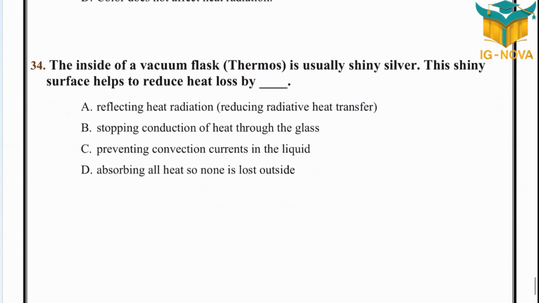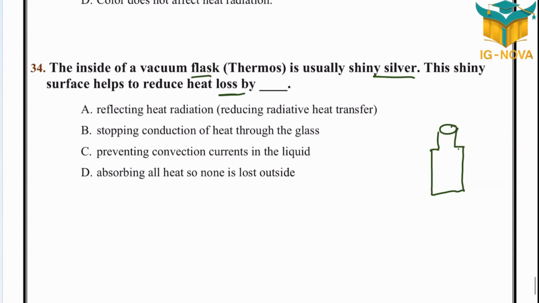Question 34. The inside of a vacuum flask, a thermos, is usually shiny silver. The shiny surface helps to reduce heat loss by... for a thermos, if you look inside, it's shiny. Why shiny?